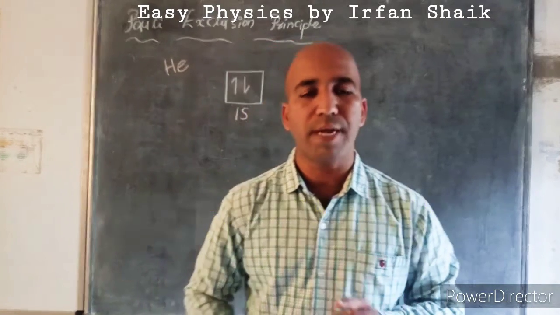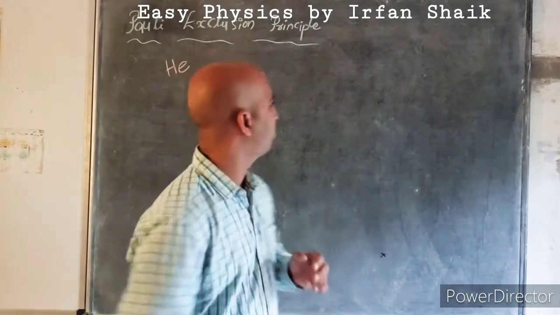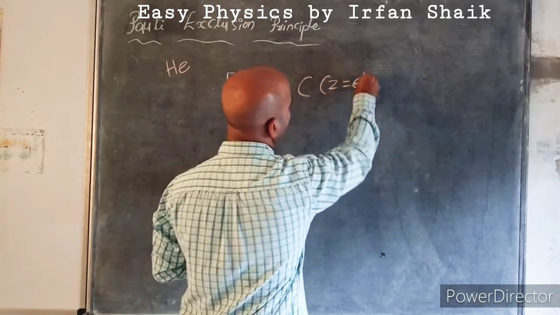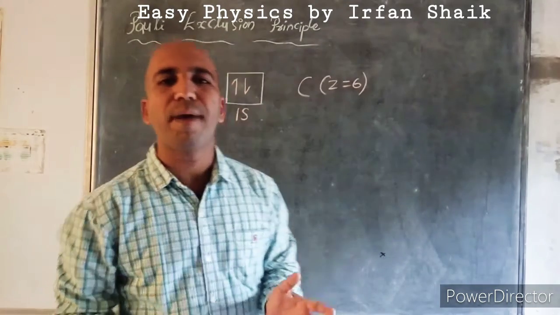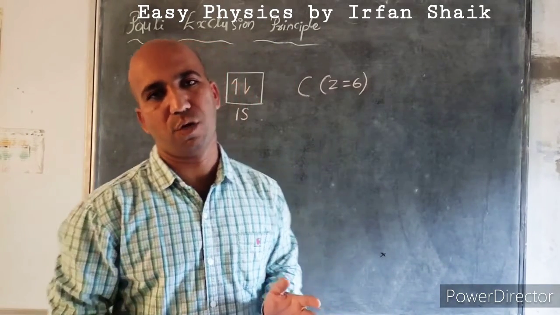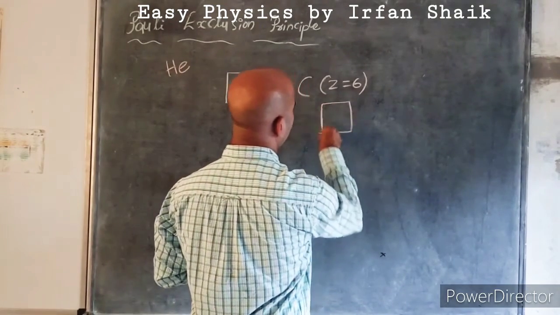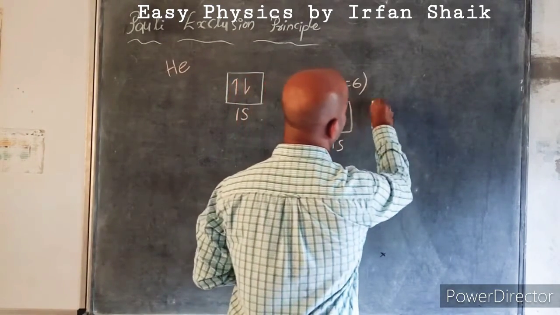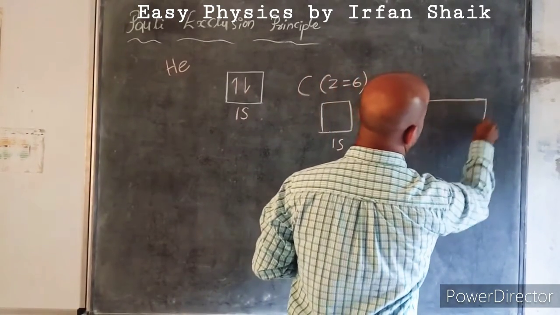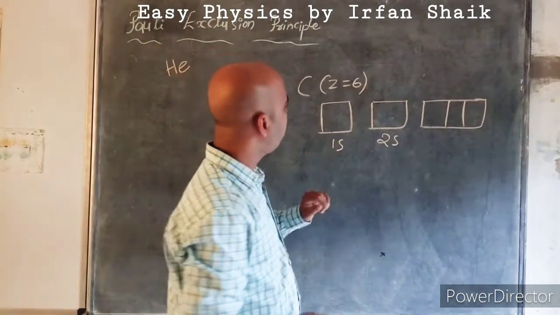Let us take the carbon atom. Its atomic number is 6, which means carbon has 6 electrons. Let us try to understand where these 6 electrons are. This is the 1s orbital.